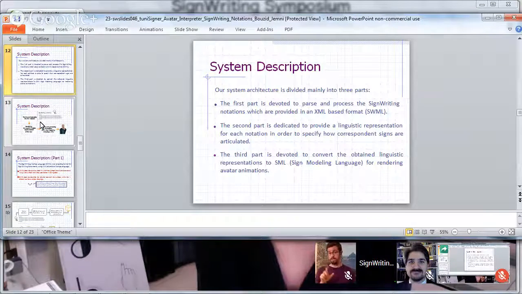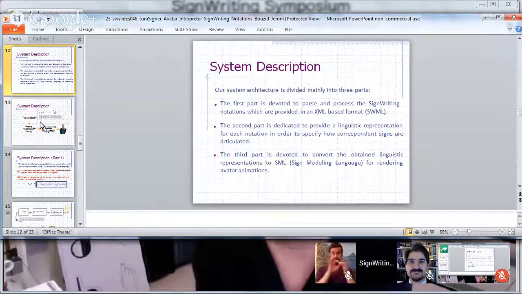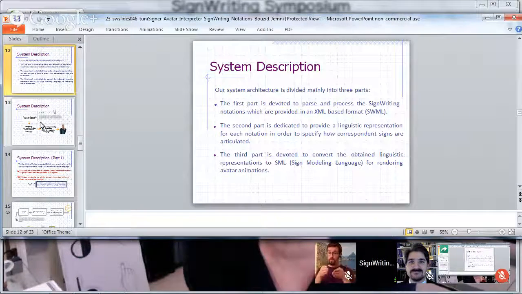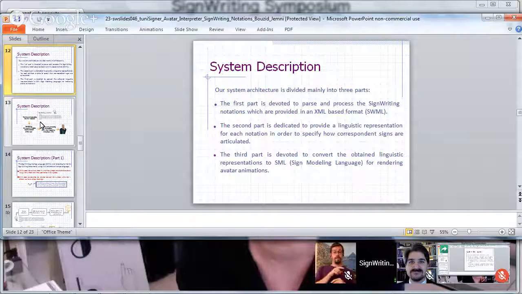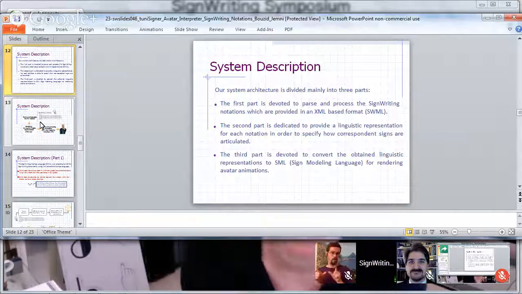The second part is dedicated to providing a linguistic representation for each notation in order to specify how the corresponding signs are articulated. The third part is devoted to converting the obtained linguistic representations to SML, which is sign modeling language, for rendering avatar animations.